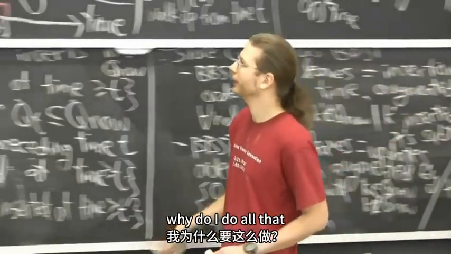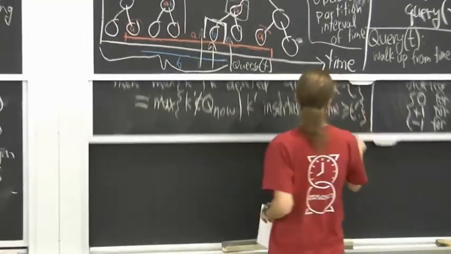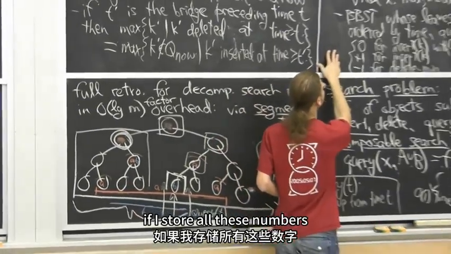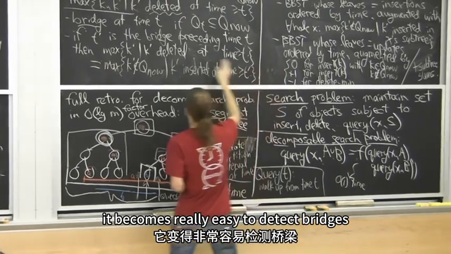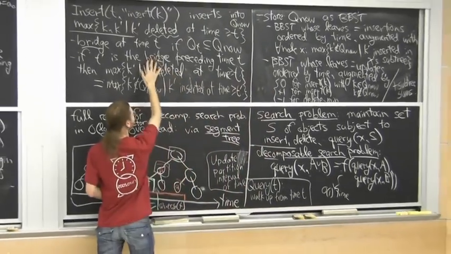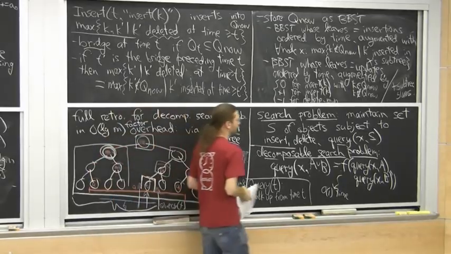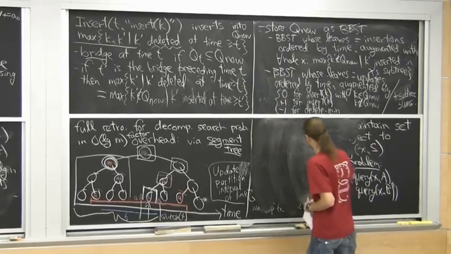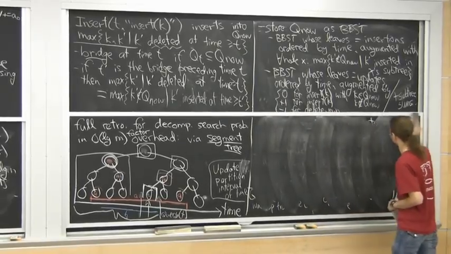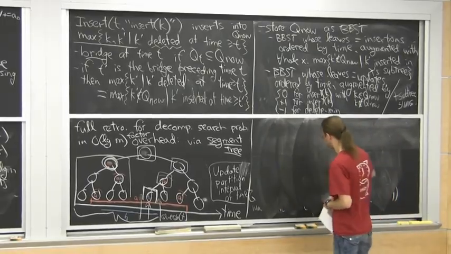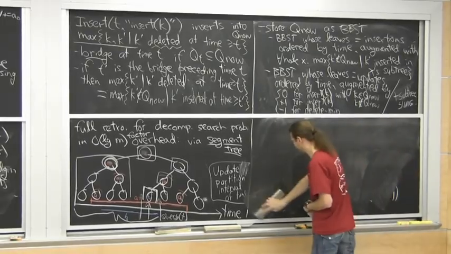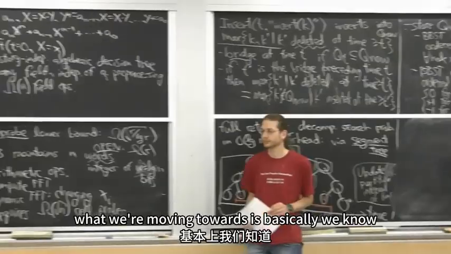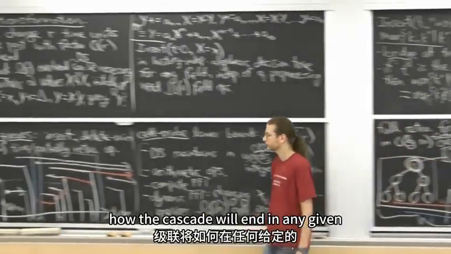Why do I do all that? Because if I store all these numbers, it becomes really easy to detect bridges, I claim. What we're moving towards is basically we know how the cascade will end.